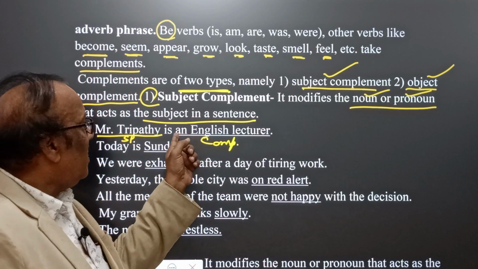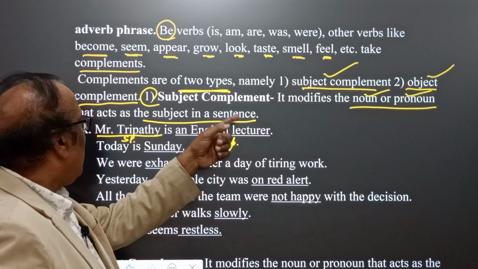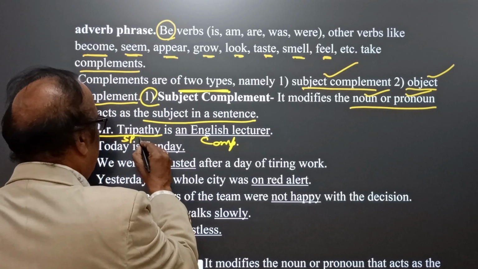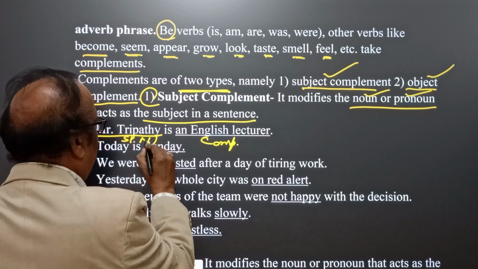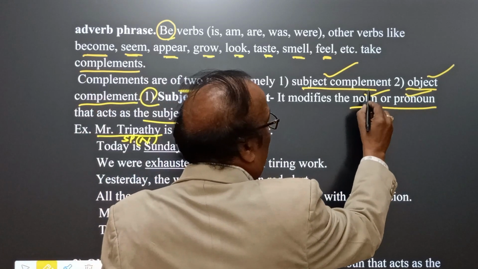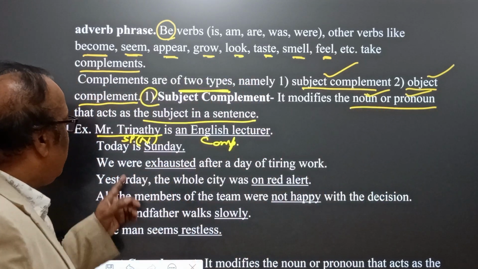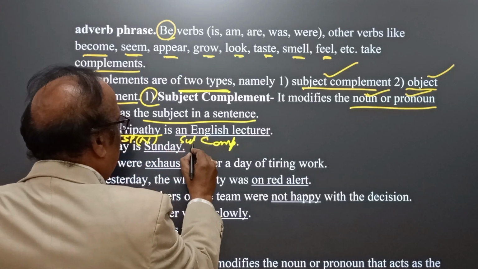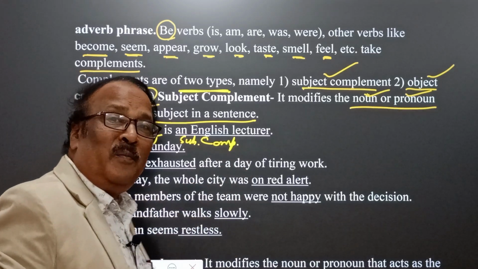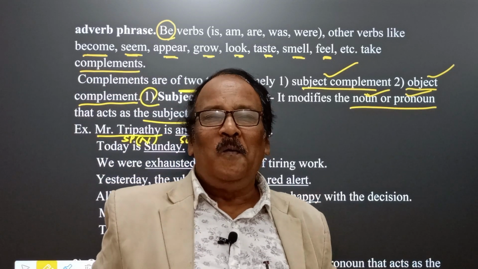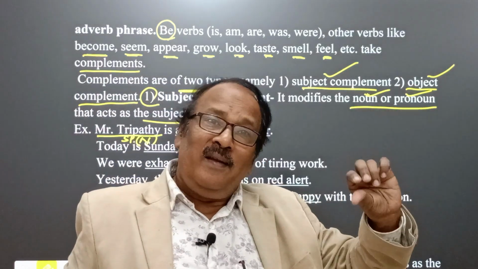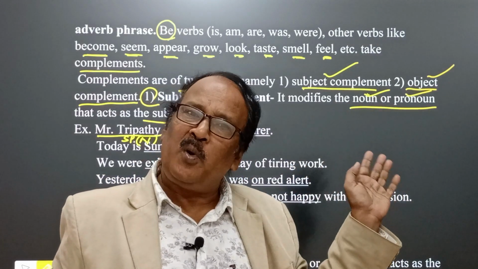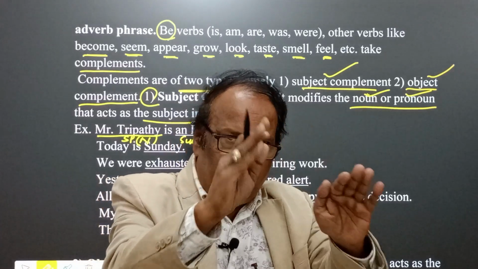So an English lecturer complements Mr. Tripathi. Mr. Tripathi is a noun phrase. So here this is what you call subject complement. Whenever a complement refers to the subject which is noun or pronoun, this is called subject complement.